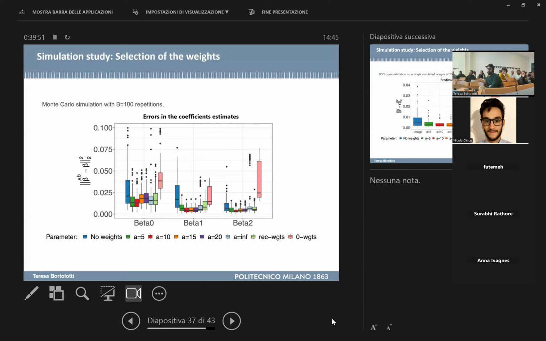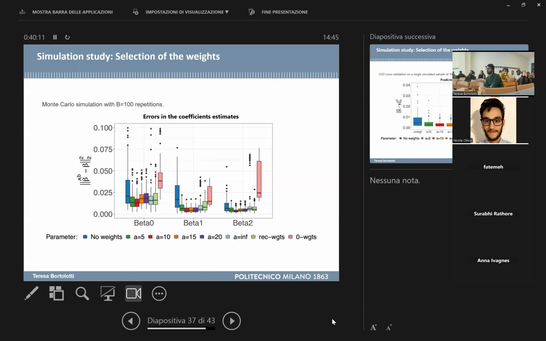And these are all the results that you get when you add a possible system of weights. So this is basically telling us that at least in this setting, using the weights makes sense and leads you to more accurate estimates of your regression coefficients.